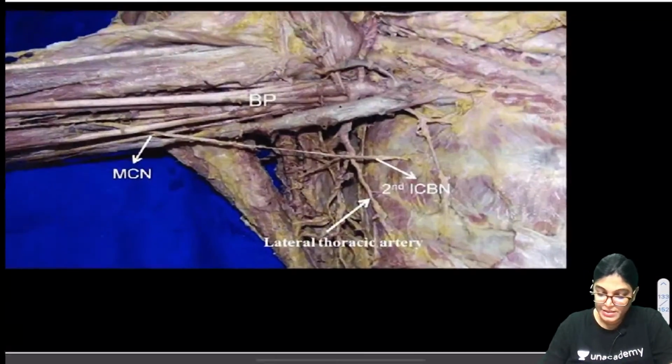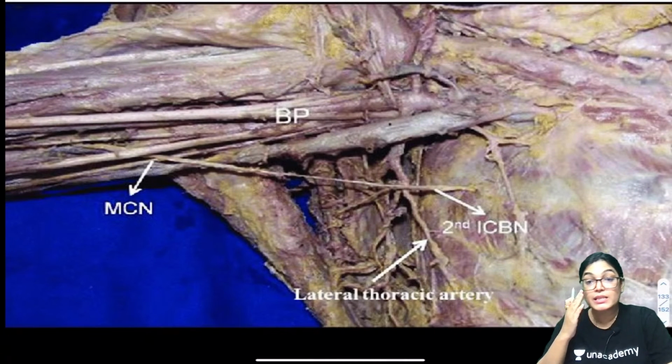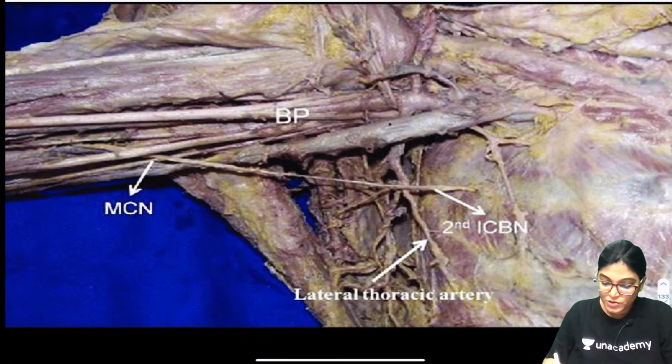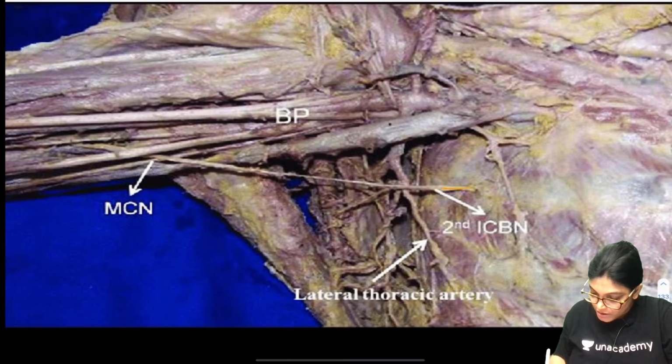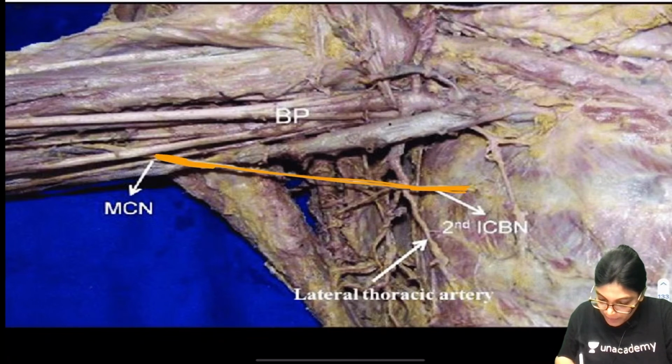Now, my dear friends, I want to show you this cadaveric image. Here I want to point out the second intercostobrachial nerve. Let me use a bright color to highlight it, making it thick so you can understand. Can everybody appreciate this?